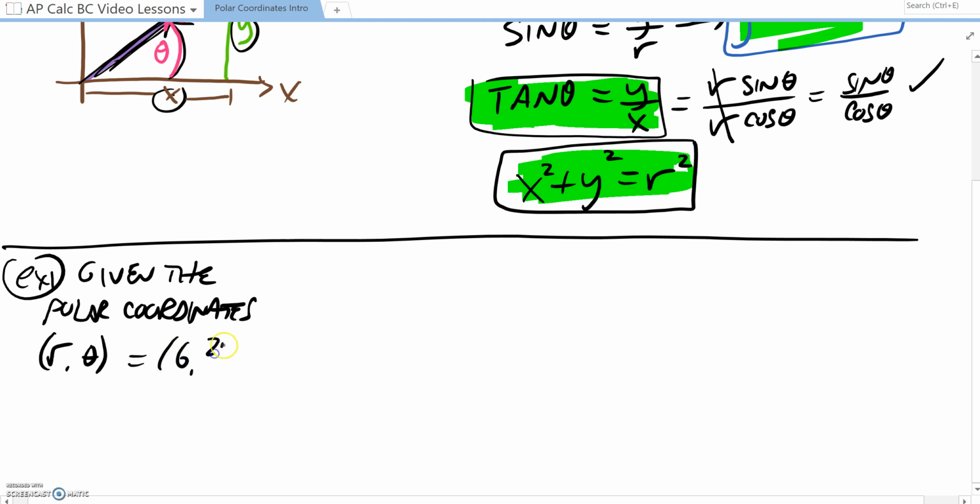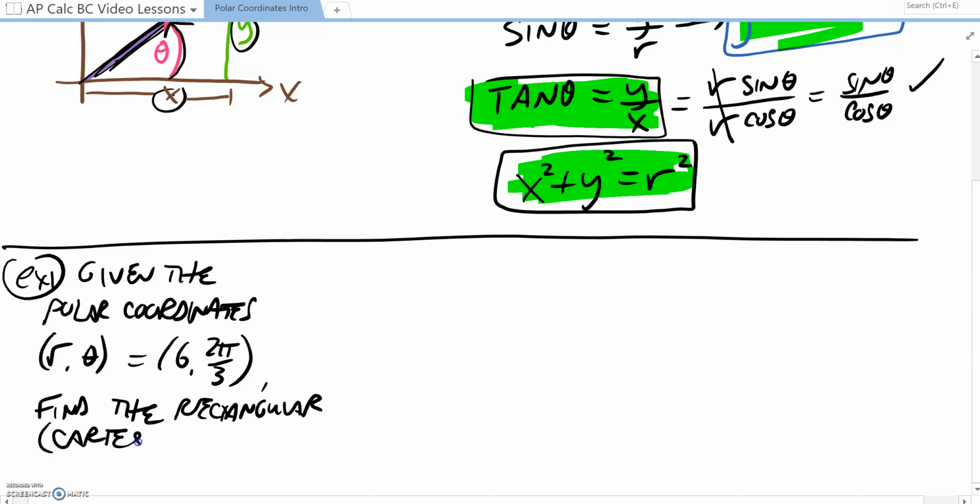So 6 comma 2 pi over 3. So the 6 is your r, and 2 pi over 3 is the angle theta. We're supposed to find the rectangular, that's one way of putting it. In parentheses, we'll put Cartesian coordinates.